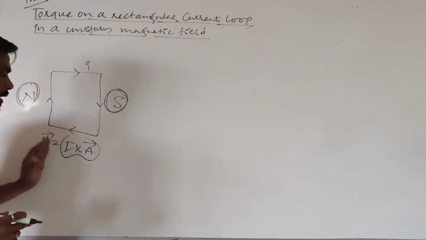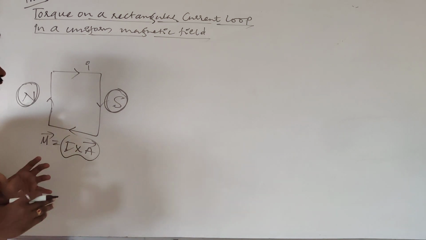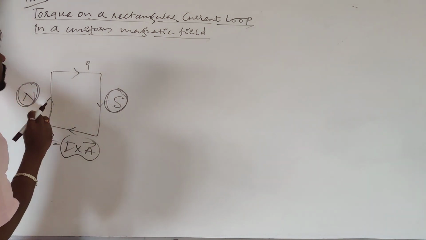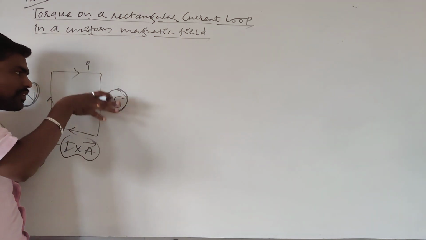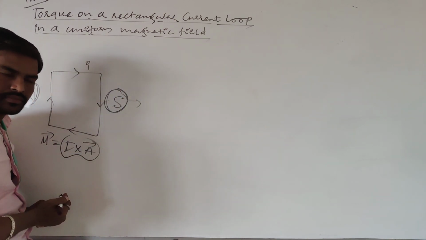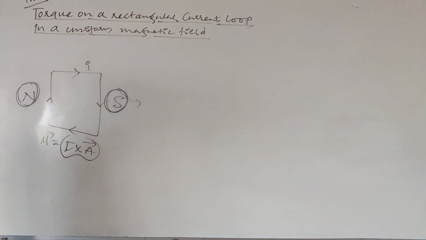This current into area is called the magnetic dipole moment. This we go through first. Getting my point? So if the current is in clockwise direction, this side becomes south and this becomes north. Clear this one, right?